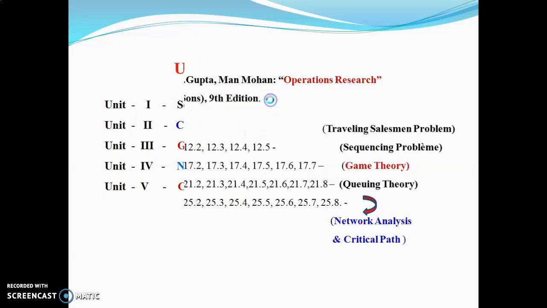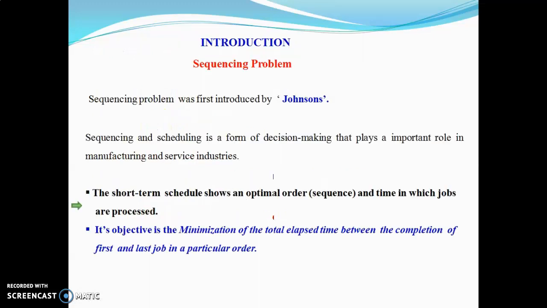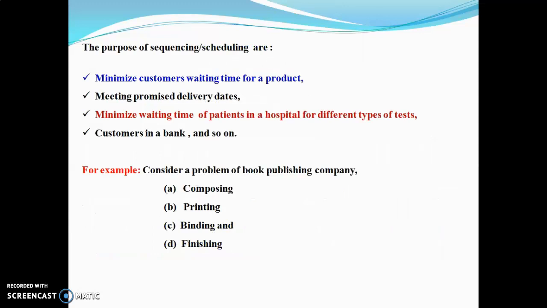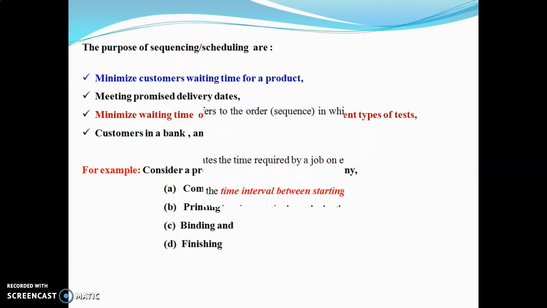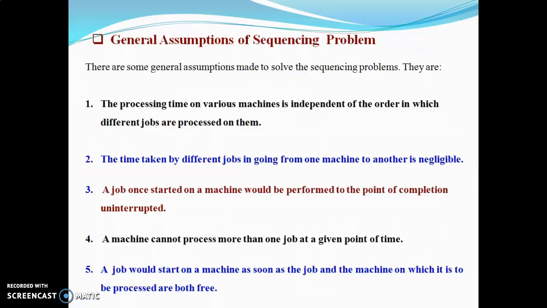In this unit, we have already discussed the introductory part of the sequencing problem, the objective of the sequencing problem, the purpose of sequencing and scheduling, basic definitions and terminology of sequencing, and lastly, some general assumptions of the sequencing problem. All these points were highlighted in the previous 2-3 lectures.